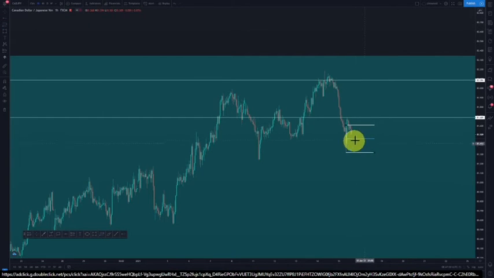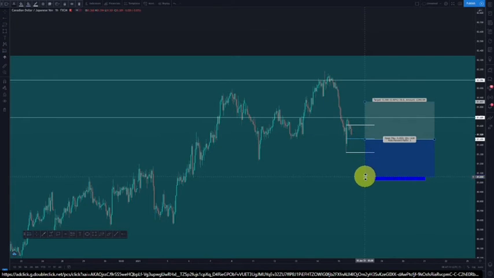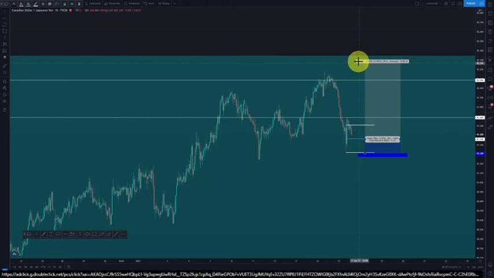So we might be waiting for the market to come to this level, our 50% level, and us being able to take a trade from here, with our stop loss being over here, 15 pips, with a take profit over the previous high, about 1 is to 5 if our take profit is over here.